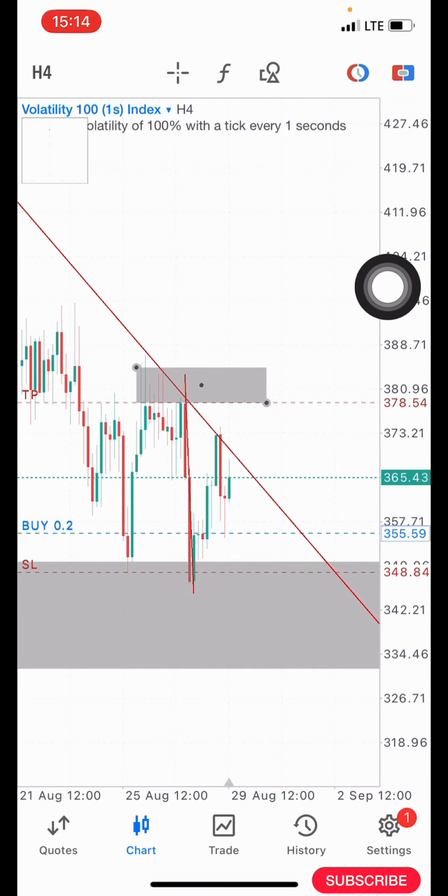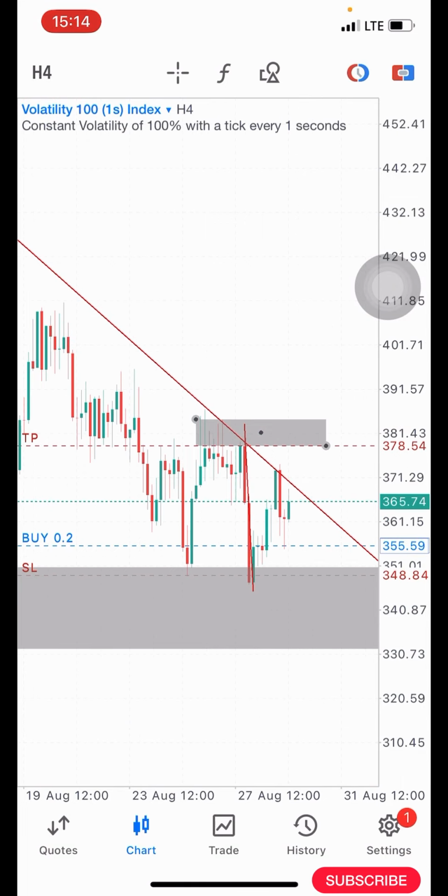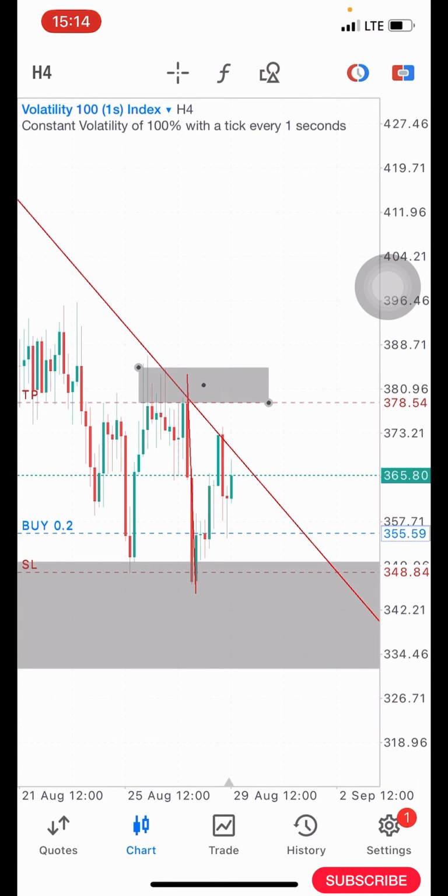The buying opportunity in this market is massive. Based on my own analysis, this is what I'm currently seeing in the market, and I feel like sharing it with you guys.